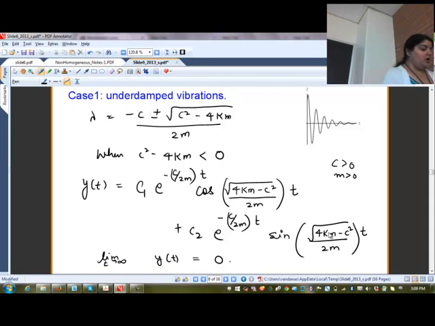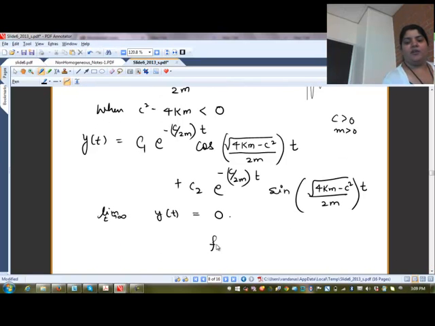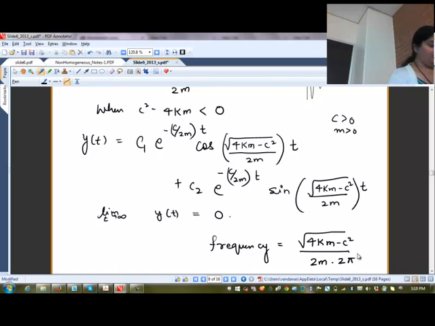So here the frequency is different. Frequency of SHM you have already seen was omega over 2 pi, but frequency of this will be square root of 4km minus c square divided by 2m times 2 pi.